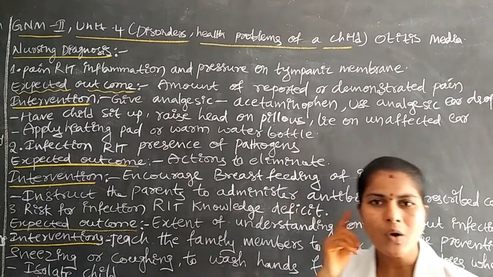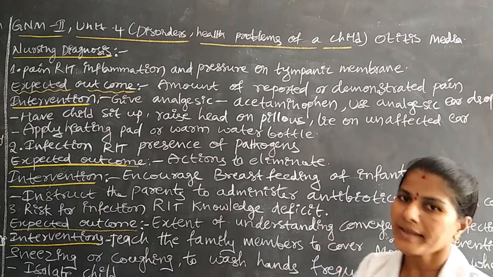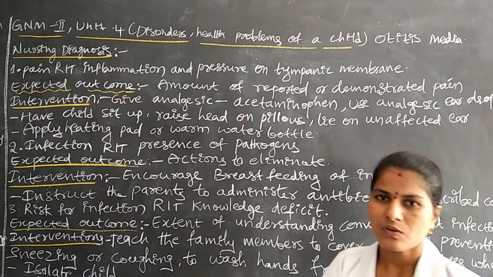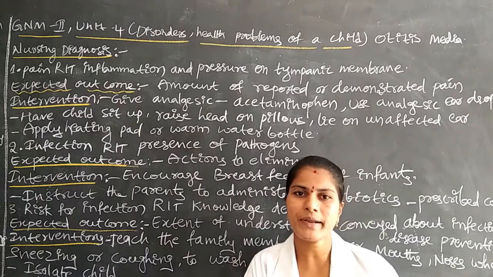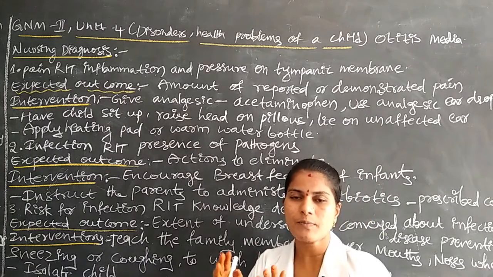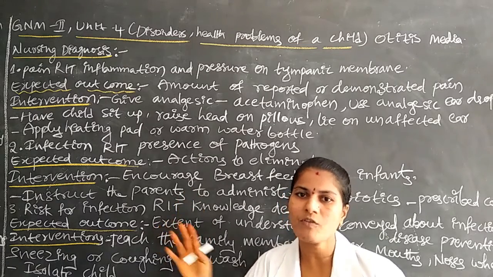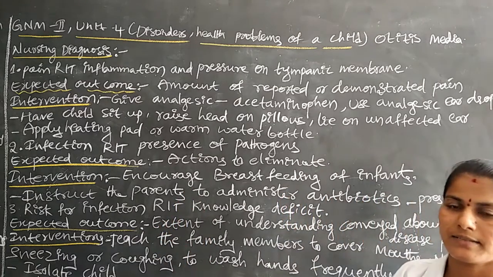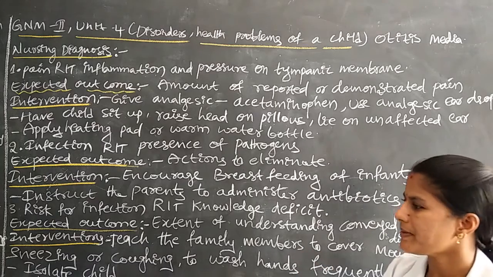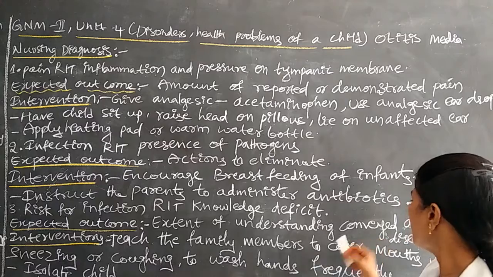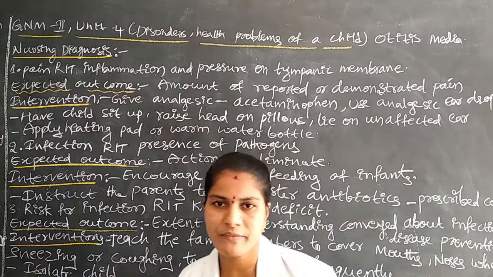Due to that knowledge deficit in the parents, the child is at risk for infection. If we provide proper treatment, proper medications and proper nutrition to the child, the child will not be affected by this type of disease condition. Here we have to work on understanding and conveying information about infections.